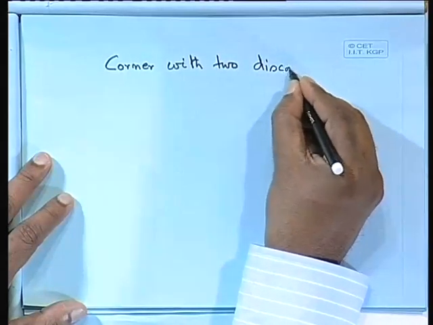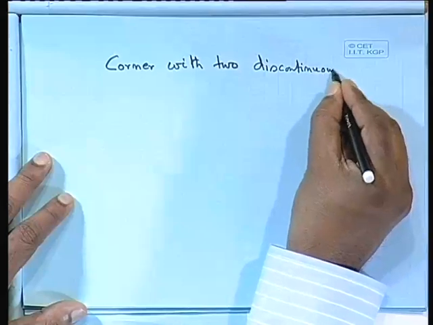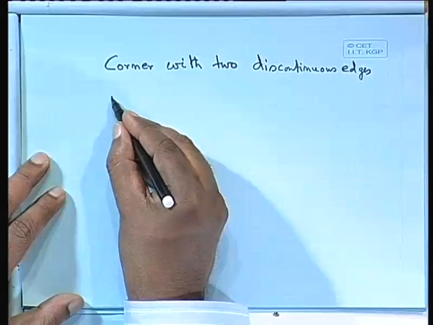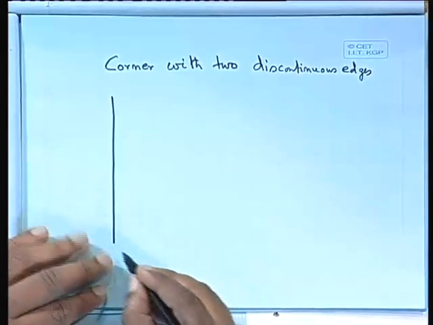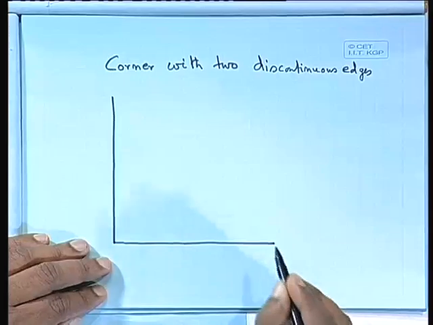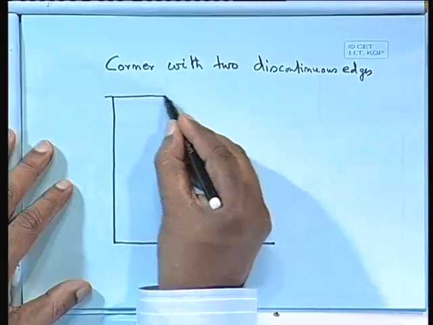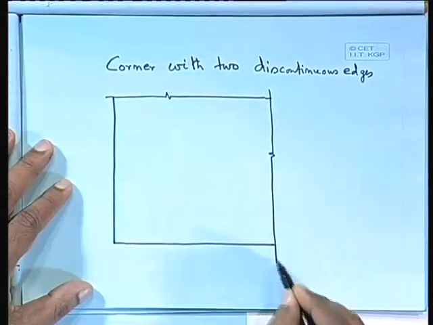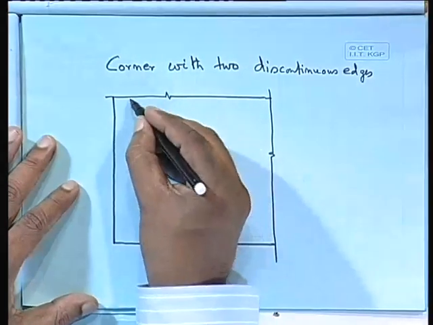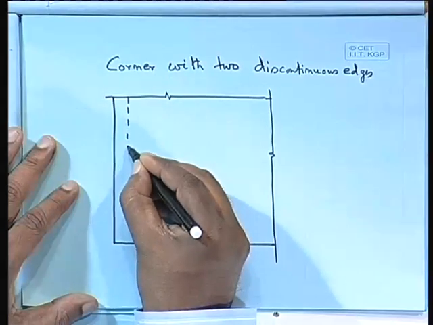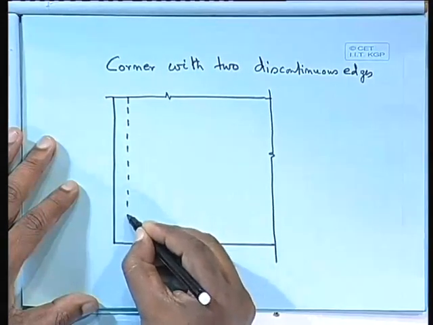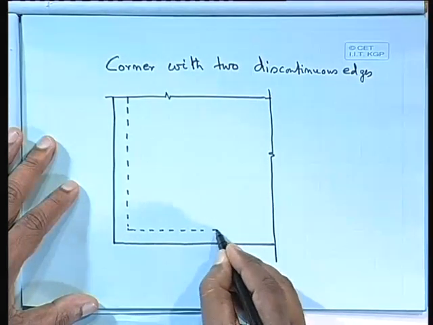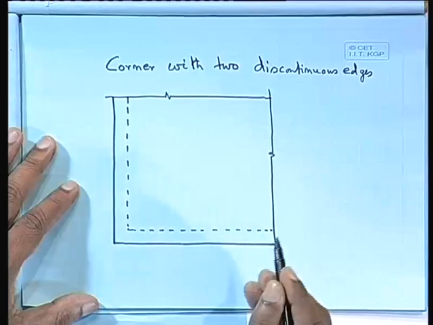Corner with two discontinuous edges. So, this is a corner of a slab. Let us provide the supports, they are dotted. Okay.